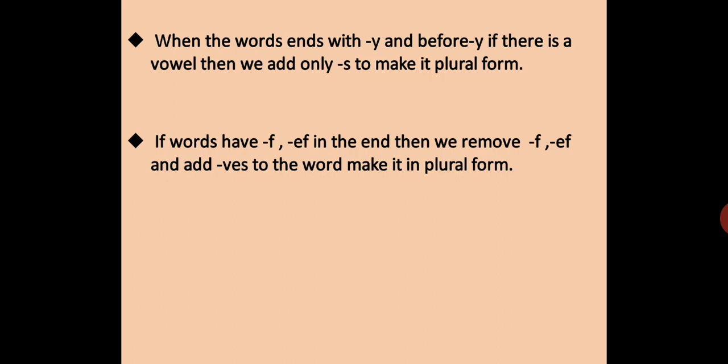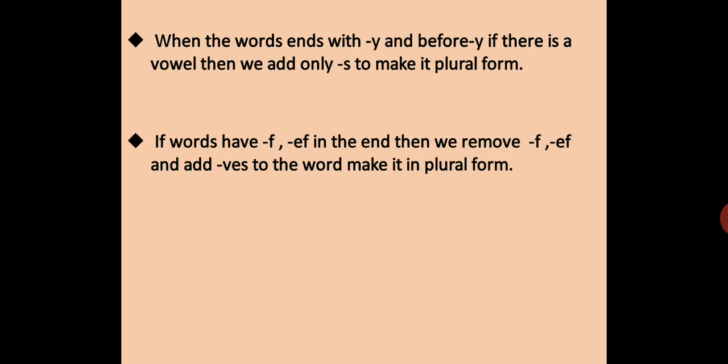In this rule, if the words end with f and fe, meaning last letter f and maybe the last letters of fe, then we remove f and fe and add ves to make it in a plural form. These are the main 5 rules of the plural form that we had learnt in our last two lectures.